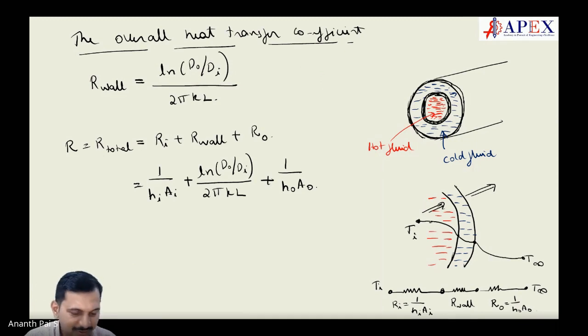Okay. So that next one, Q dot is equal to delta T by R, right?